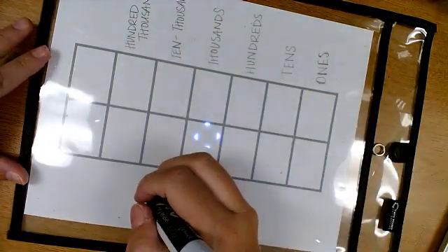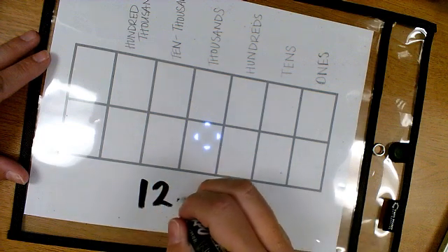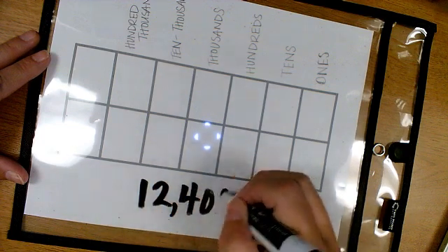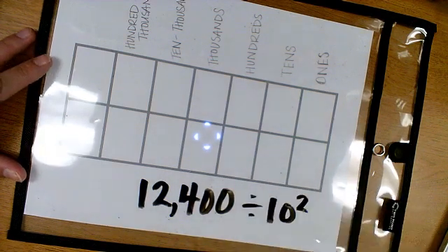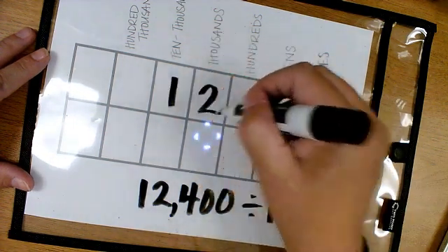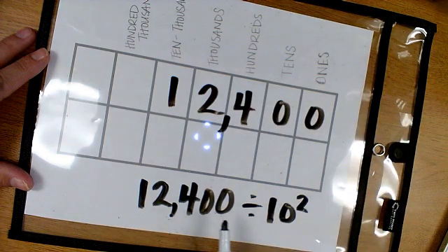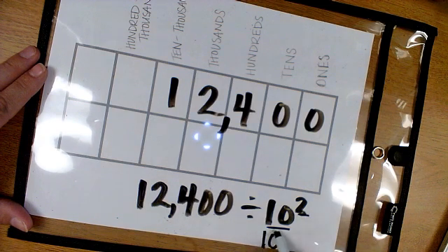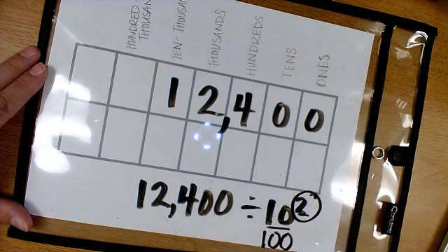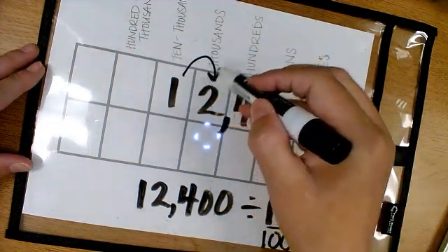Let's do one last one. Let's do 12,400, and we want to divide by 10 to the second power. So I'm going to put my 12,400 in. And since I'm dividing, I'm moving to the right. I want my number to get smaller. I'm dividing by 10 to the second power, which is the same as 100. This 2 tells me I have 2 zeros, so I'm making 2 jumps. I'm going to jump once, twice.